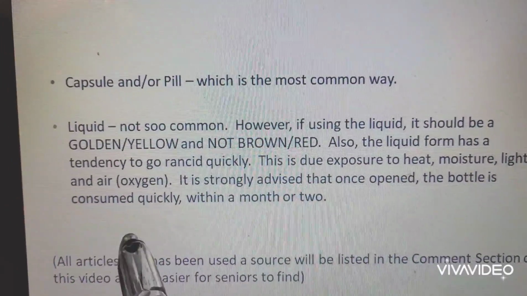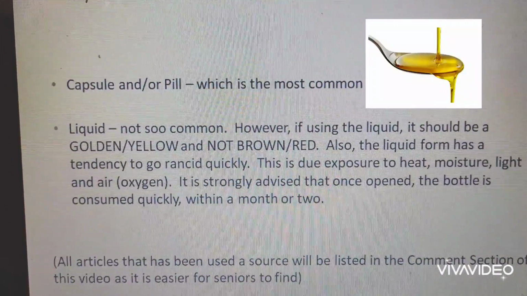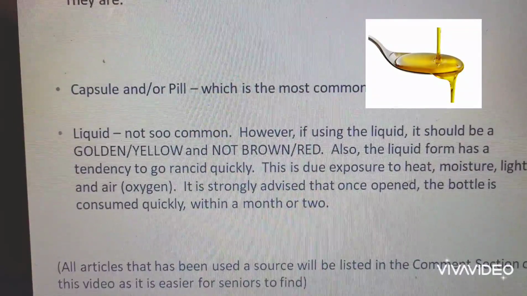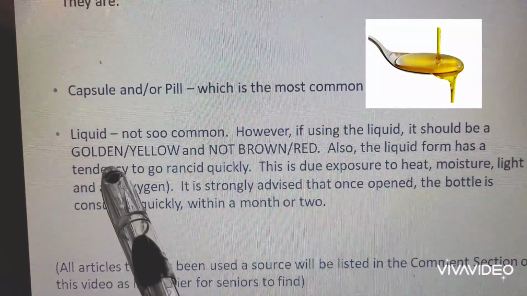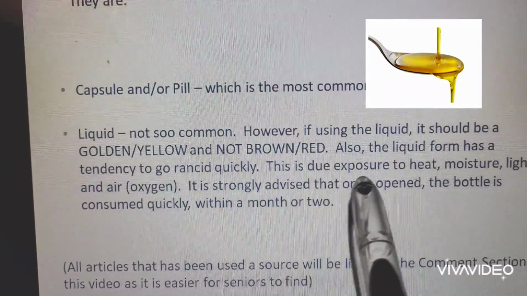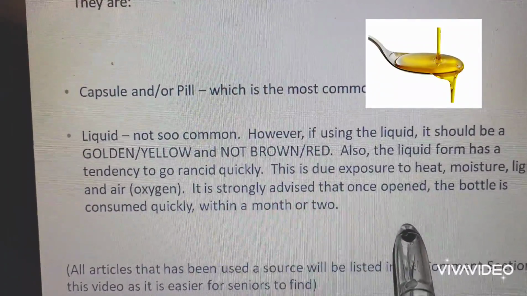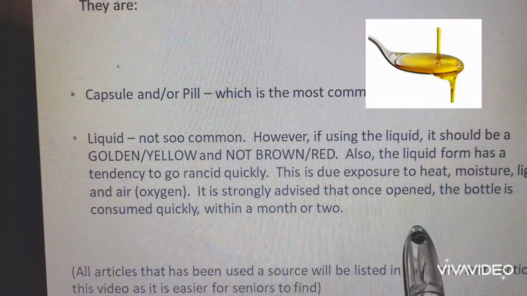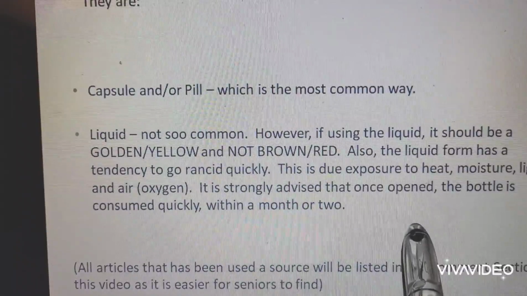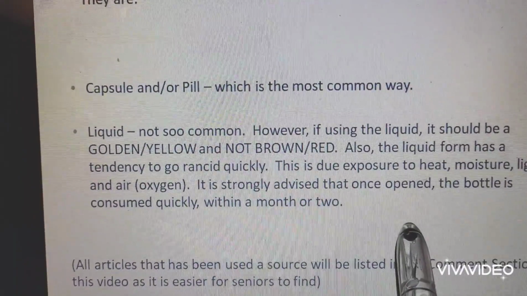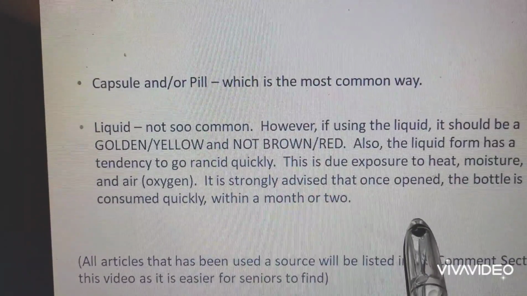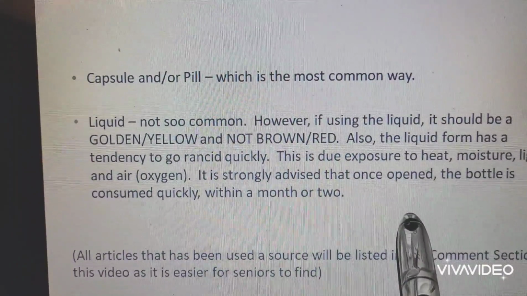So let's read. However, if using the liquid, while looking at it, it should be a very bright golden yellow and not brown or red. Also, the liquid form has a tendency to go rancid, which means bad, quickly. And this is due to exposure to the heat, to moisture, light, and air.